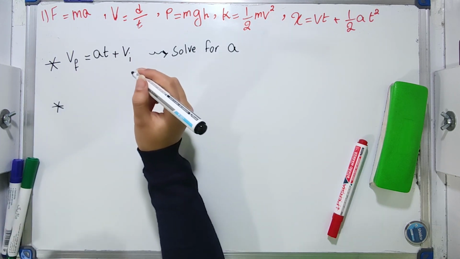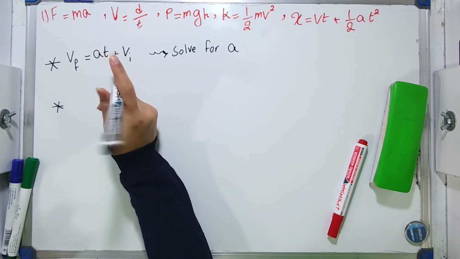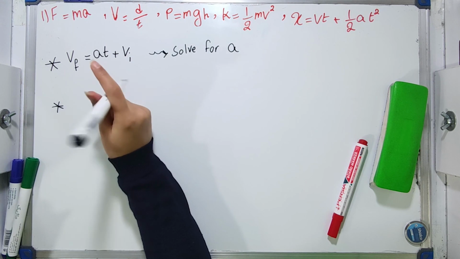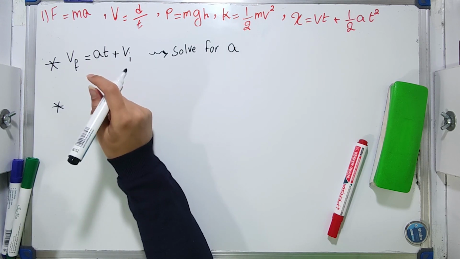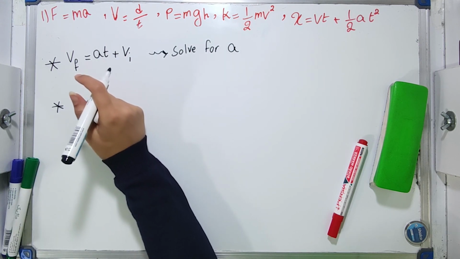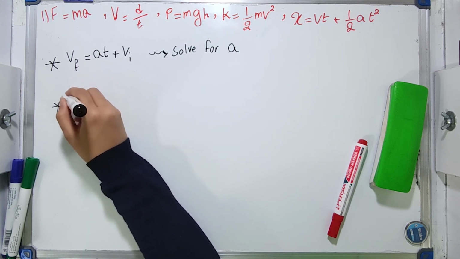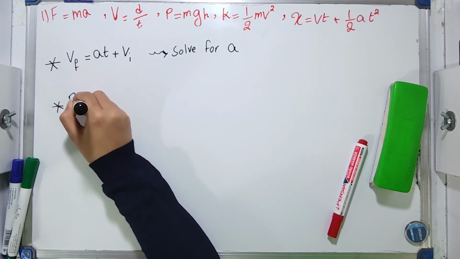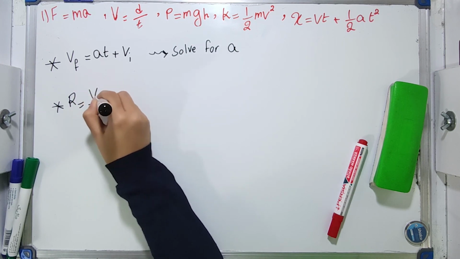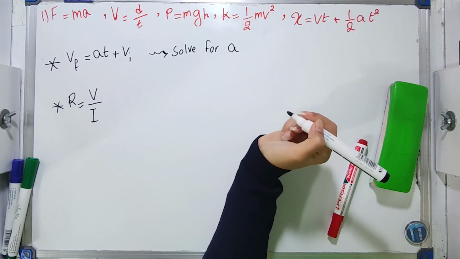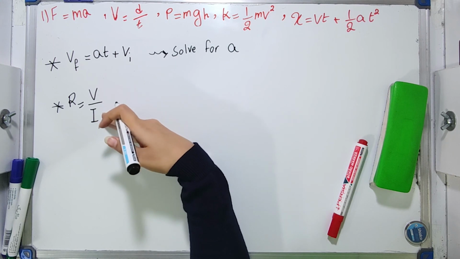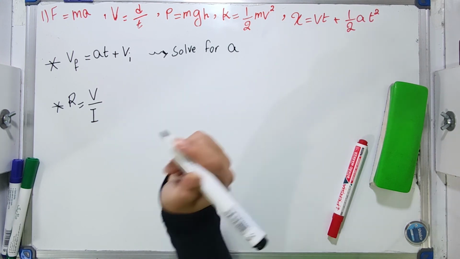For the division part, let me think. You can do this. Potential difference over the current. It's Ohm's law.